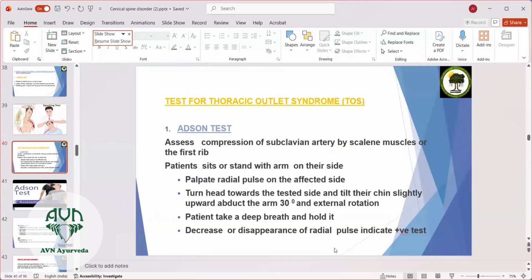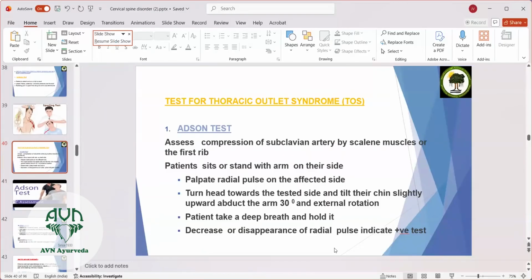Here, we assess the compression of the subclavian artery by the scalenus muscles or the first rib, which will irritate or compress the subclavian artery. The patient sits or stands with the arm at their side. Ask the patient if they are comfortable. Ask the patient to sit on a table and palpate the radial pulse on the affected side.